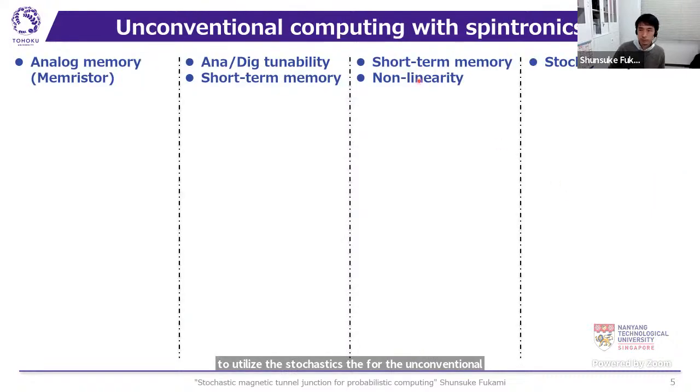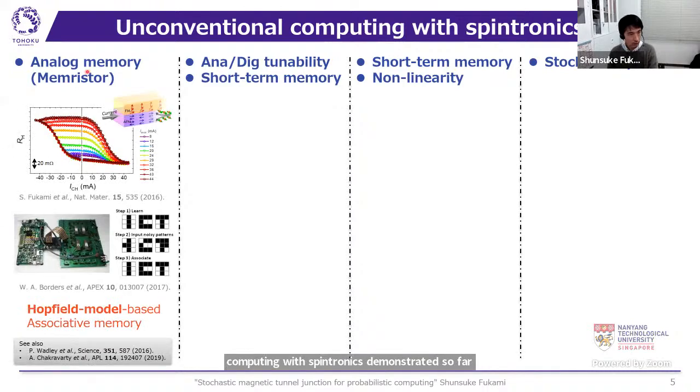Before that, let me briefly summarize the unconventional computing with spintronics demonstrated so far. Several years ago, we found that by using antiferromagnetic structures, the magnetization or resistance of the device can be controlled in an analog manner by changing the magnitude of the applied current.